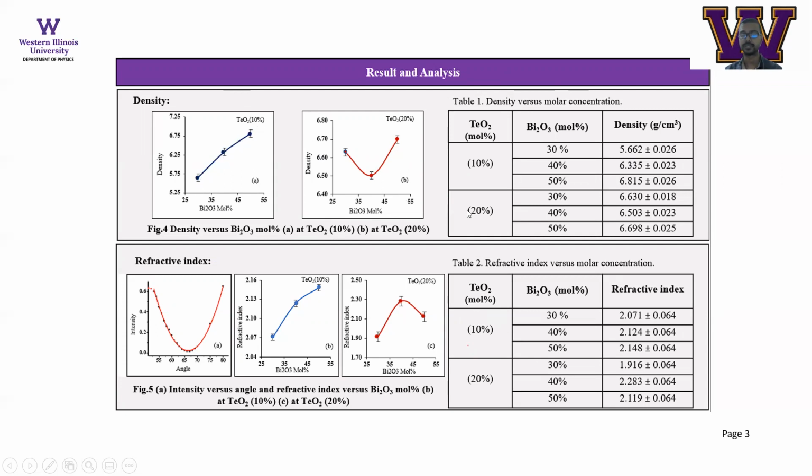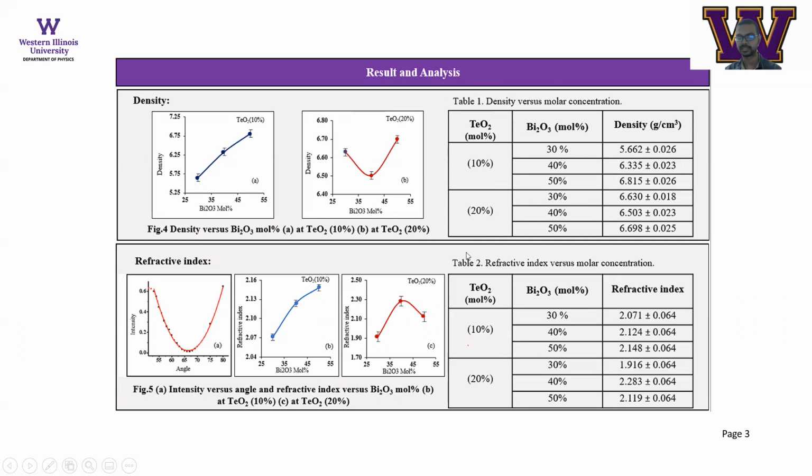On the other hand, for 20% tellurium oxide, the graph is not uniform. The reason behind this is the presence of heavier ions of tellurium and bismuth oxide. That's why it becomes pretty irregular. We have increased our tellurium oxide almost double, so there is a double impact on the results.